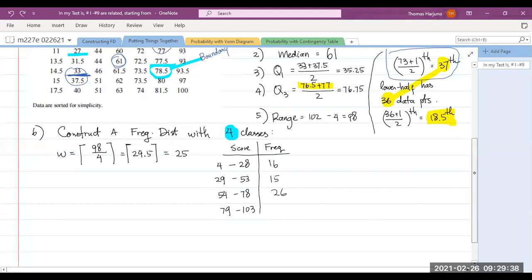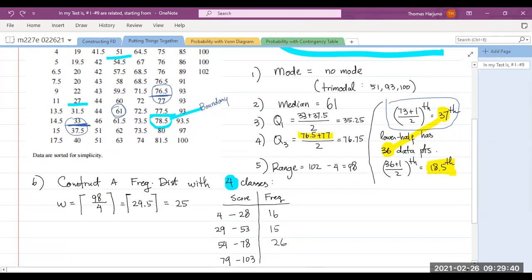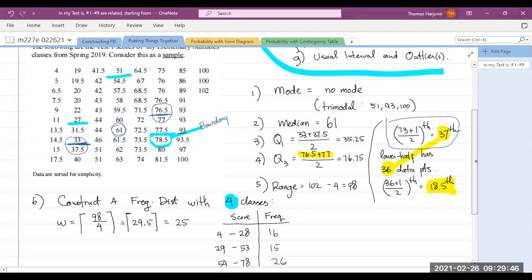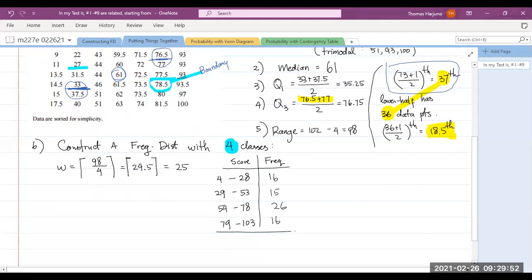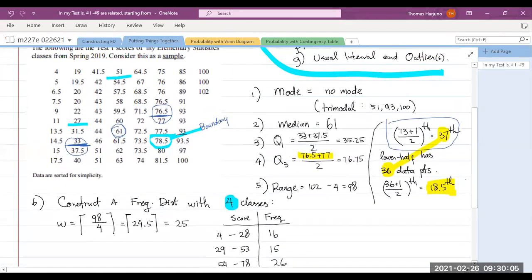And then the last one is 10 plus 6, 16. Now I add these. Let's see how many people. Oh yeah, it should be 73. So I don't miss anything.